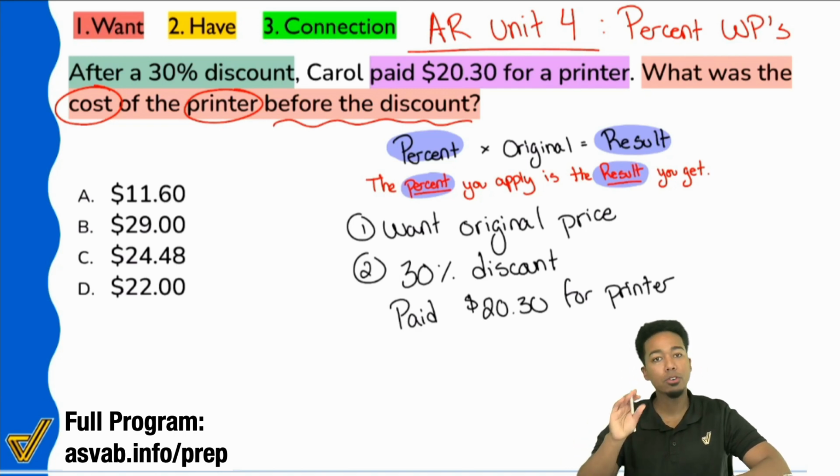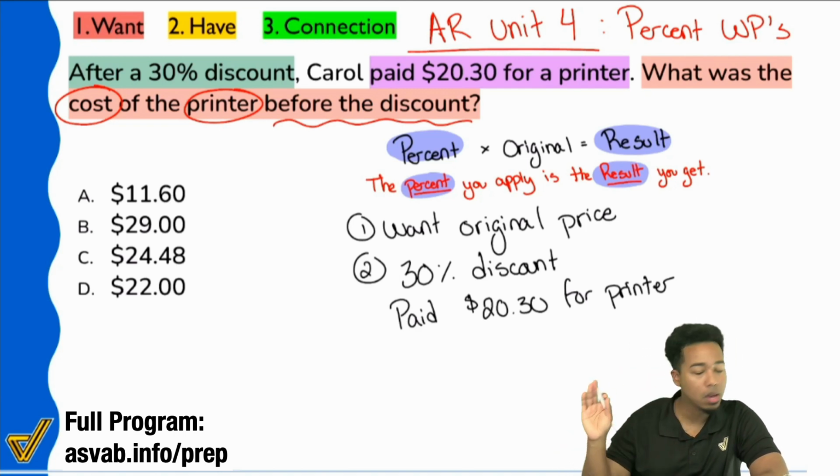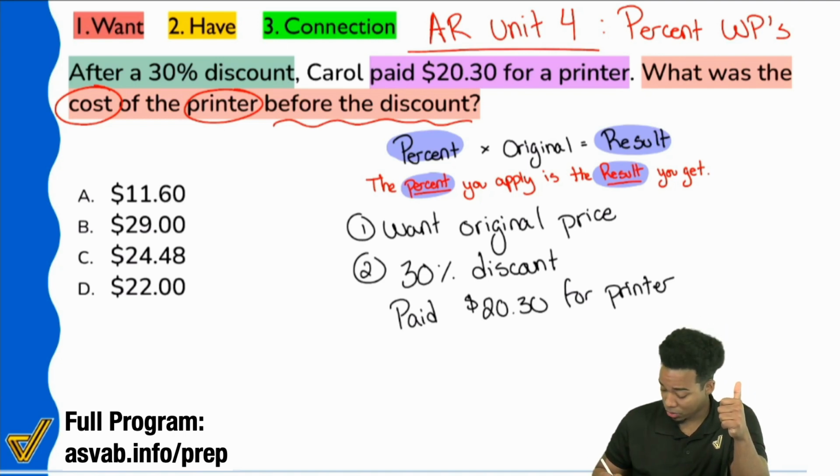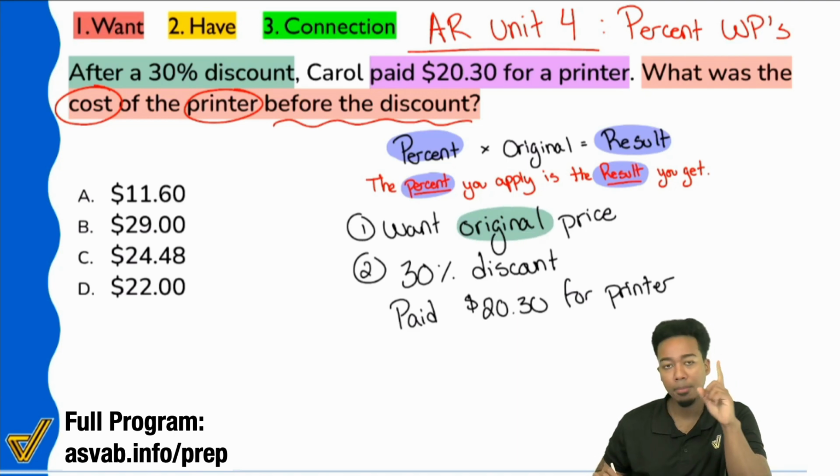So here's the mistake that everybody makes. They see the percent that they're given. They see the number that they're given. Even if you were able to decipher that the amount before the discount is the original amount, that's correct. But here's where people mess up.